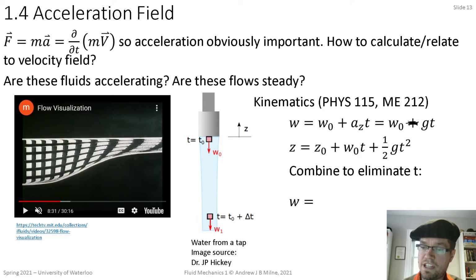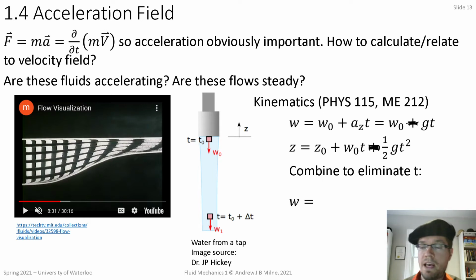So it's w0 minus gt. And likewise, you can write out the equation for position. The position with respect to time is initial position plus initial velocity times t plus 1/2 gt squared. And again, since we're saying that g is 9.8 meters per second squared downward and positive is upward, again, have to fix that.